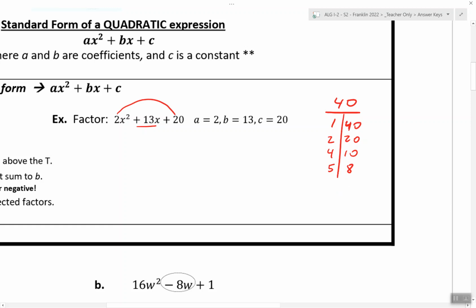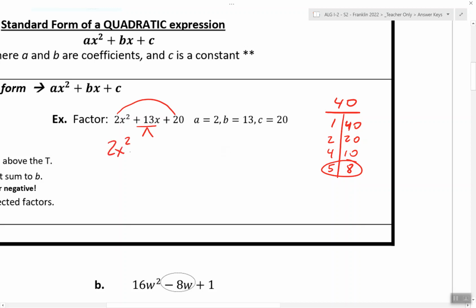I think that's it. Now we want to find a pair of these numbers that add to the middle value, which is 13. And if you look through these, 5 and 8 are our numbers, because those add to 13 and multiply to 40. So what we need to do now is split that middle term, split that 13x into those two numbers.